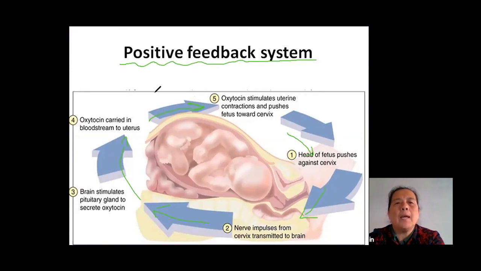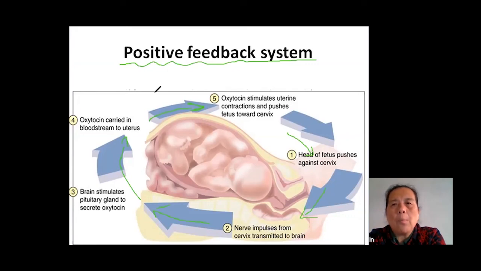That's the typical case. You can also think about, for example, your digestive system. After you eat food and your digestive system starts working, it secretes a lot of enzymes to help your digestion. They continue digestion until your stomach is totally empty and your small intestine is empty.